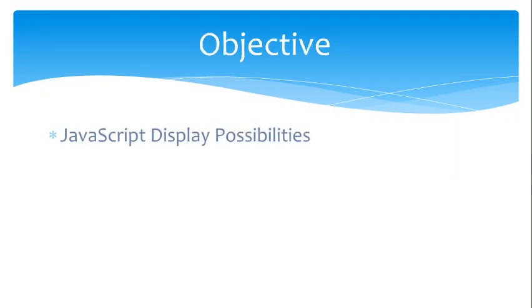Today we are going to see the JavaScript display possibilities, in how many ways we can display the JavaScript result on the screen, with examples. And we are going to start jQuery. jQuery is lightweight, and it is a JavaScript library.